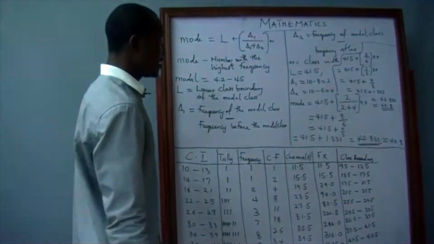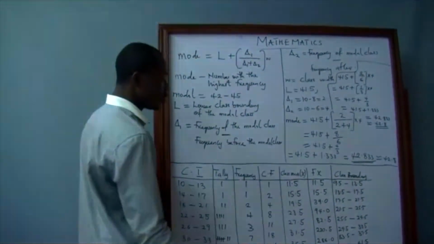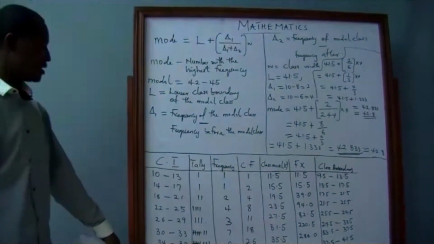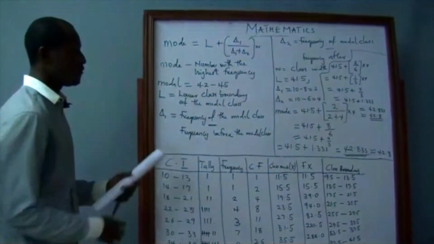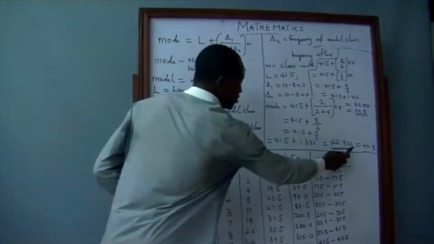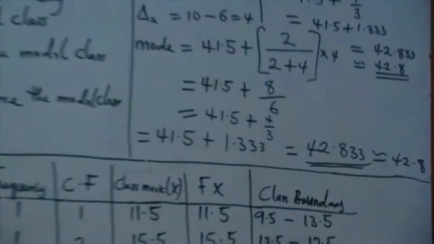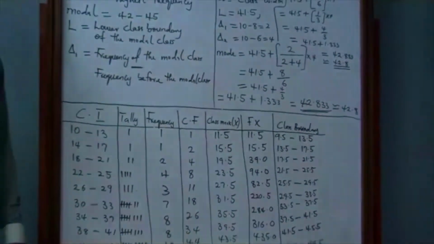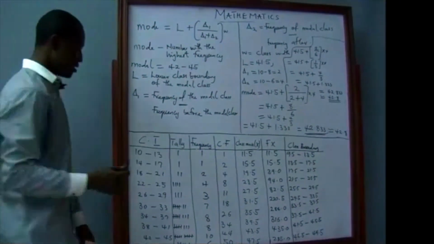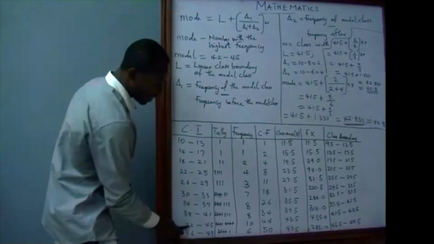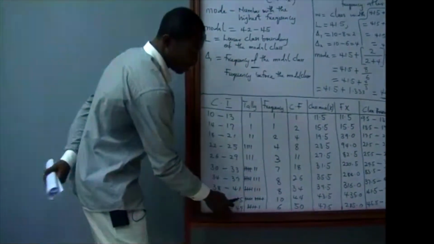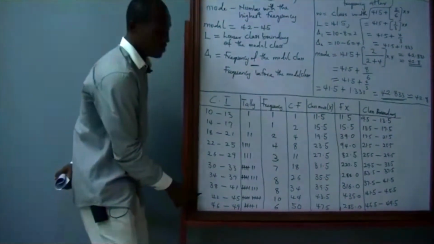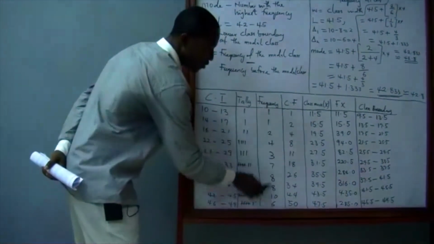Now I have to show us where this mode is in the data set. Don't forget that the mode is 42.8. And like I said, 42.8 is that exact value that represents the mode of the total set of data. This is the modal class, 42 to 45. And this is 10, the frequency that shows us that this is the modal class. 10 is the highest frequency of all of this.